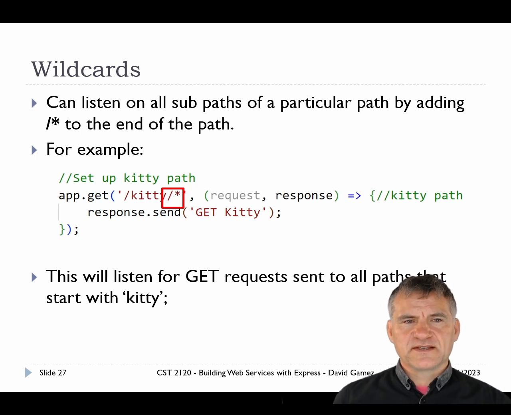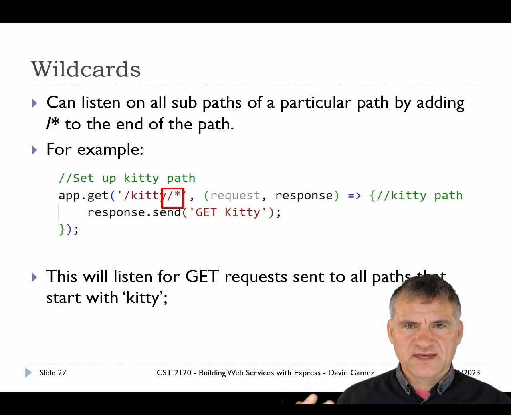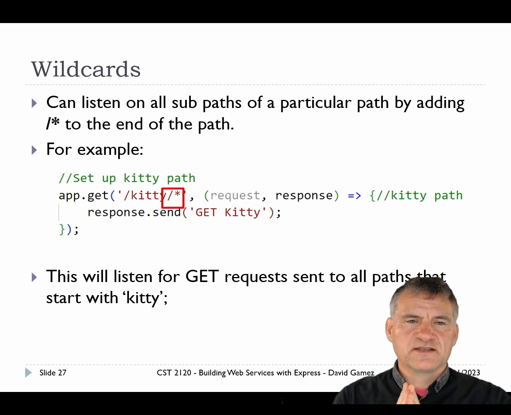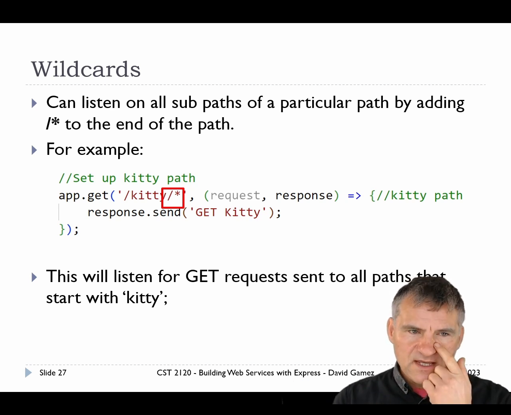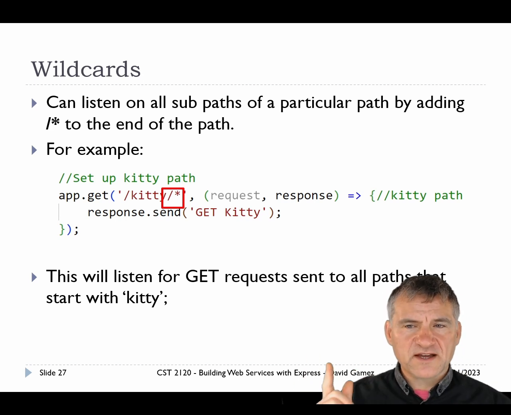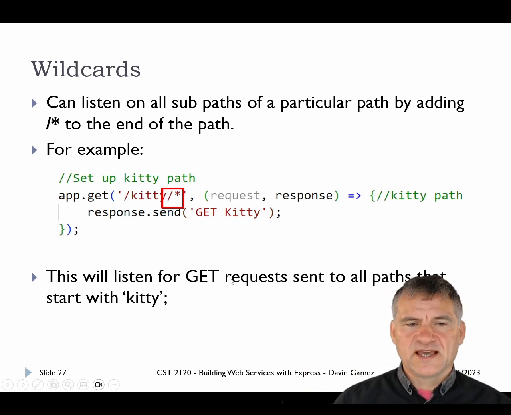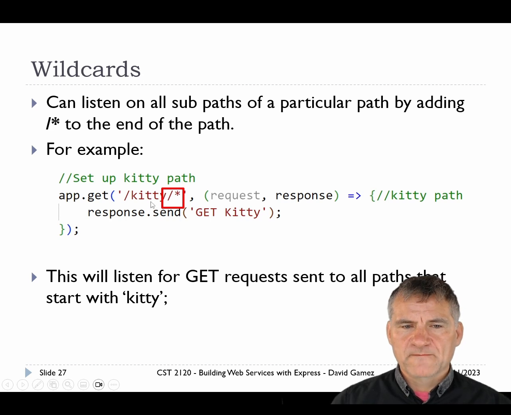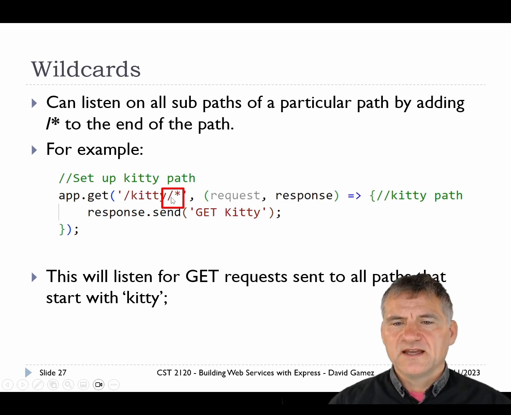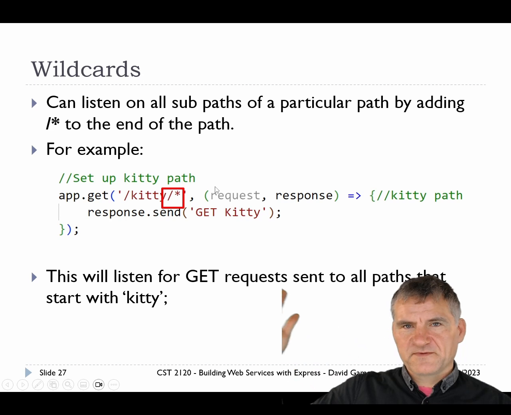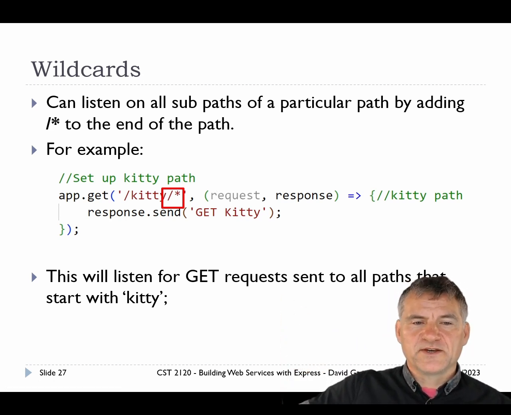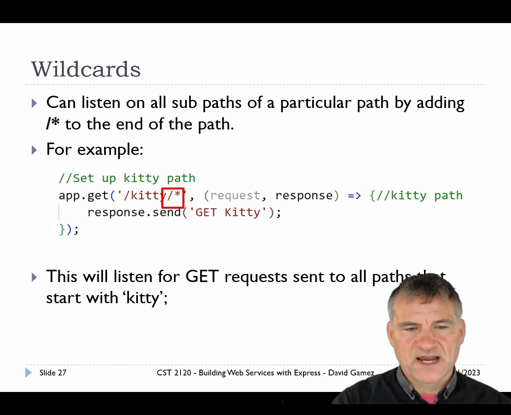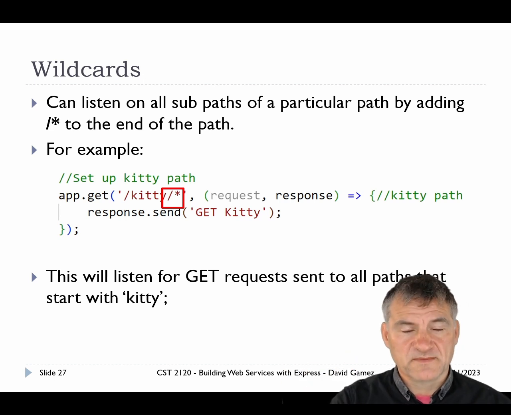Now we can also listen to all the subpaths of a particular path, and that can be handy if we're using the path to send in IDs of products or some stuff like that. So in this case, we just put /* at the end of a path, and what this is doing when it sends app.get to /kitty/*, is any combination of paths following the /kitty/ will be listened to by this particular method, handled by this particular anonymous function.